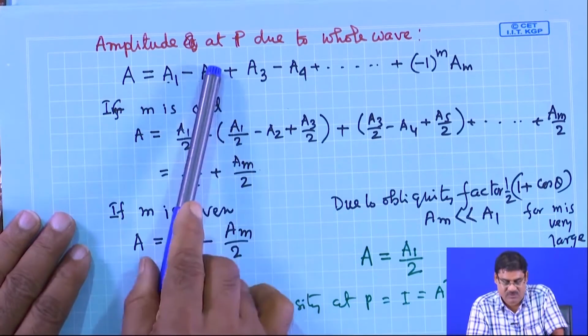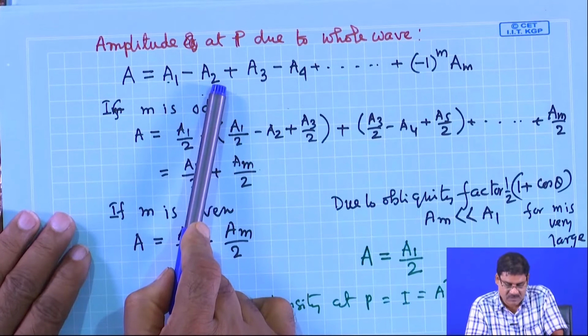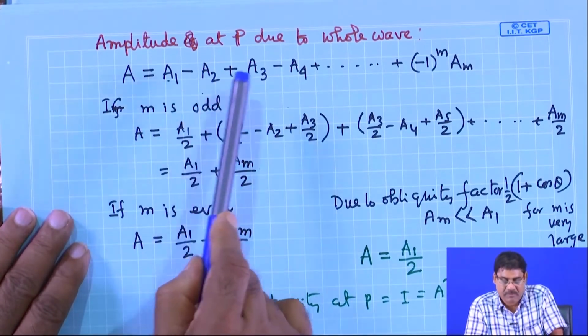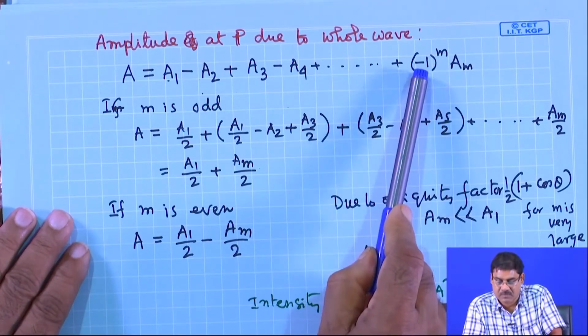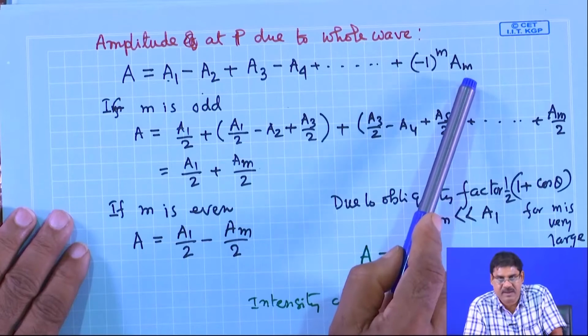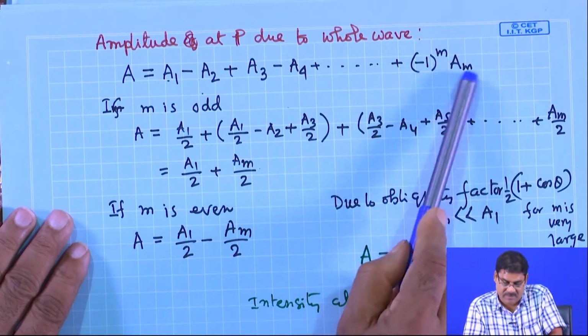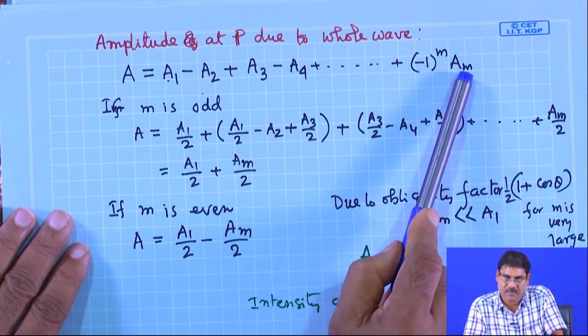So it will be A1 minus A2, opposite phase, plus A3 minus A4 etc. So minus 1 to the power m A m, where A m is the amplitude from the mth zone.